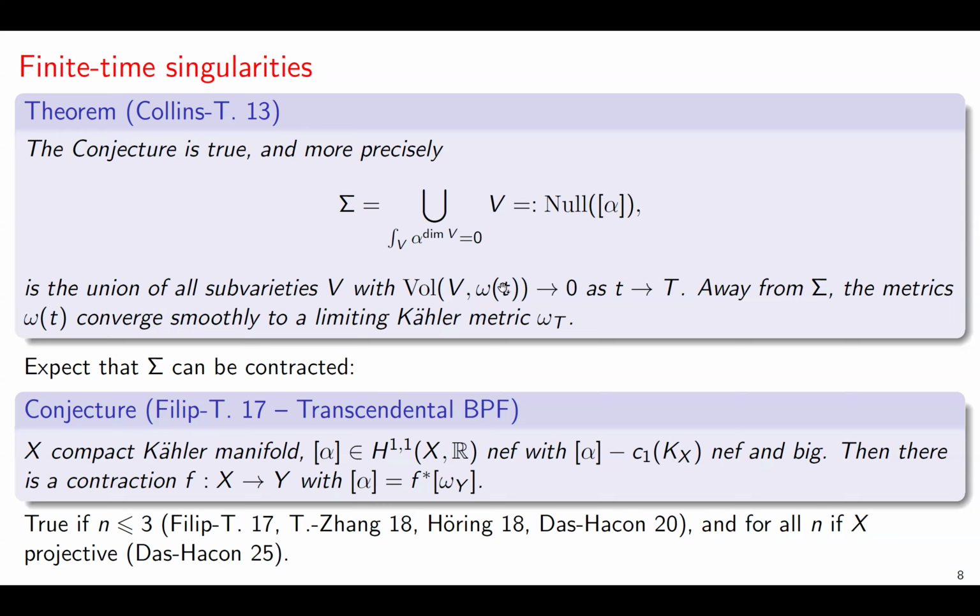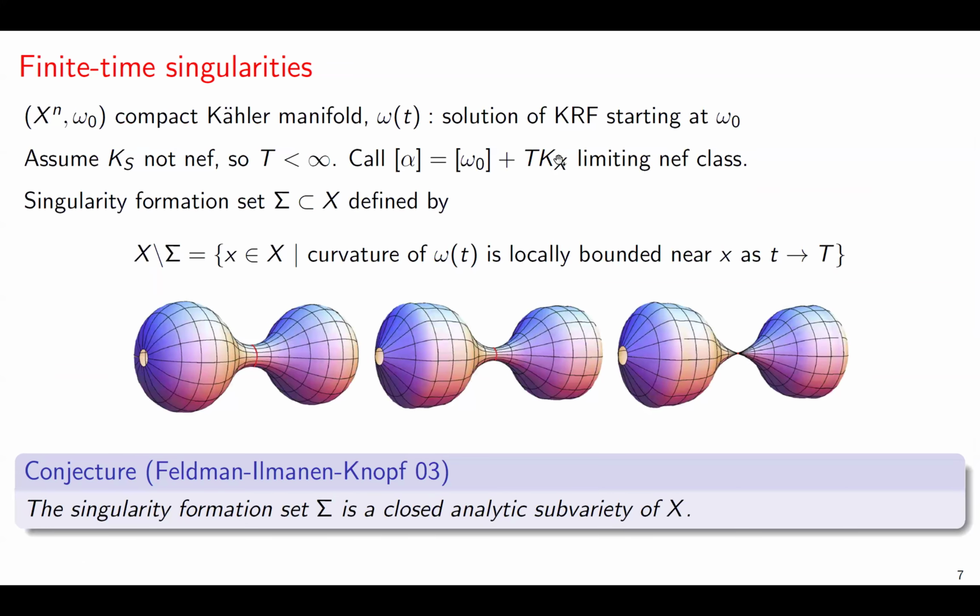because if you go back, if you remember what alpha is, omega 0 plus t Kx. So imagine that omega 0 was an ample line bundle H. Then by Kawamata's rationality theorem, this big T is actually a rational number. And then that means that this class alpha, up to clearing denominators, and if you subtract Kx or some multiple of Kx, this class is ample.